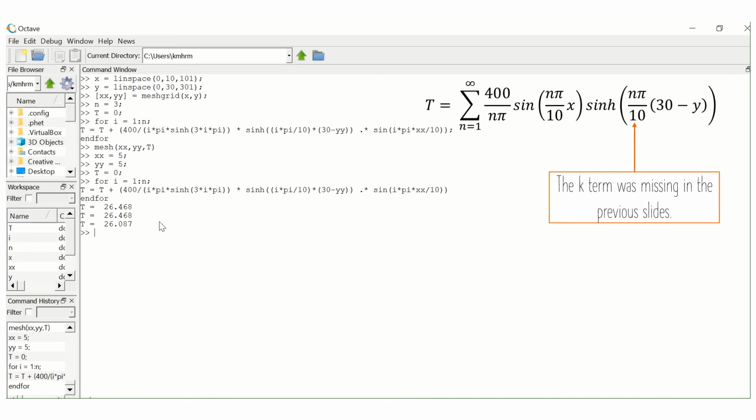They give you the same results. But nevertheless, what we have done here is obtain an equation which is more realistic. This is in terms of a sine function and a hyperbolic sine function, as compared to the exponential minus ky which was obtained earlier. Alright, so that's all for this example.